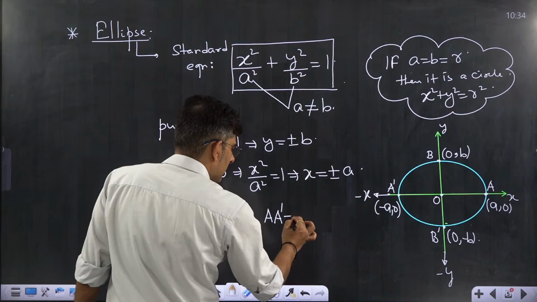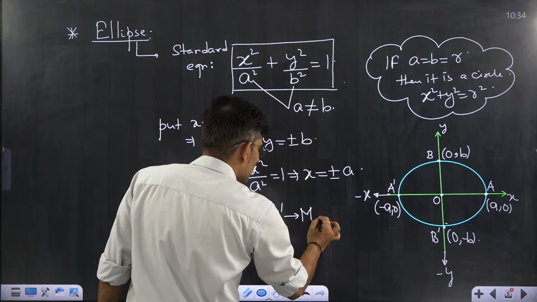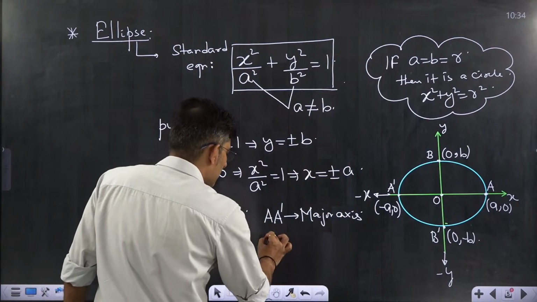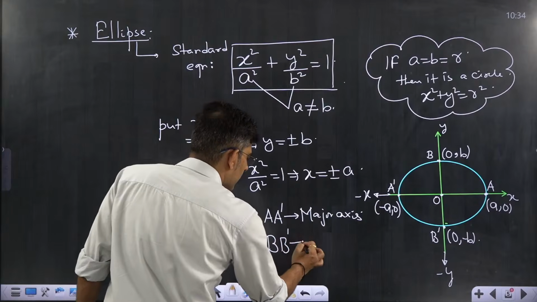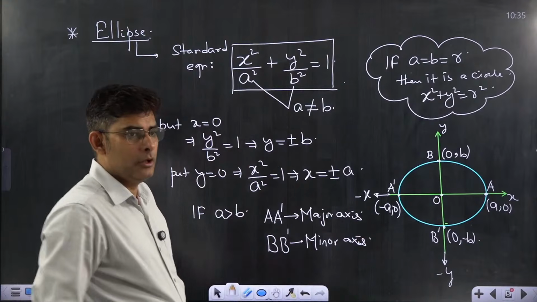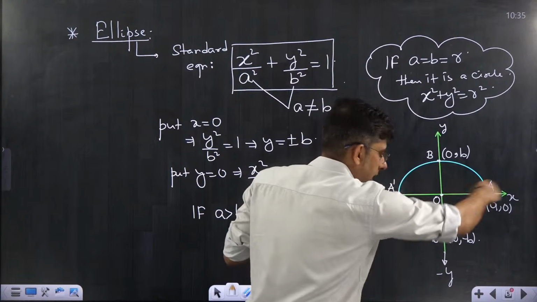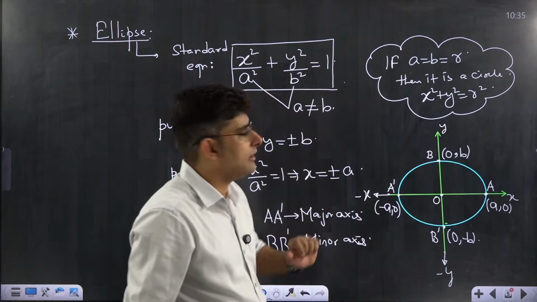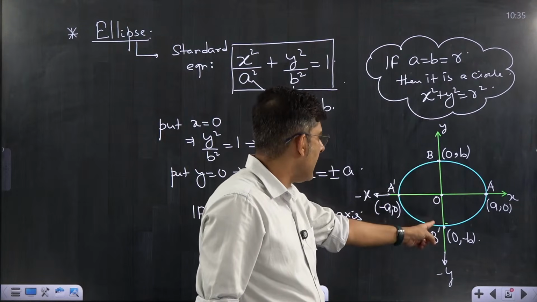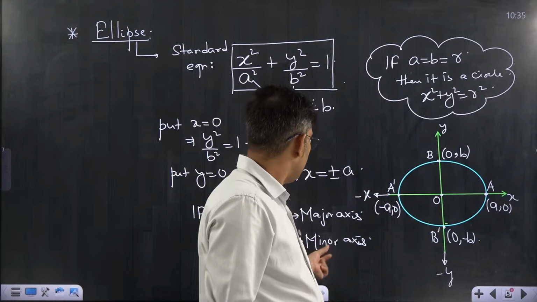This line, the x axis, AA dash will be called the major axis, and BB dash will be called the minor axis of the ellipse. So if this is larger, AA dash will be called the major axis of the ellipse, and BB dash is called the minor axis.